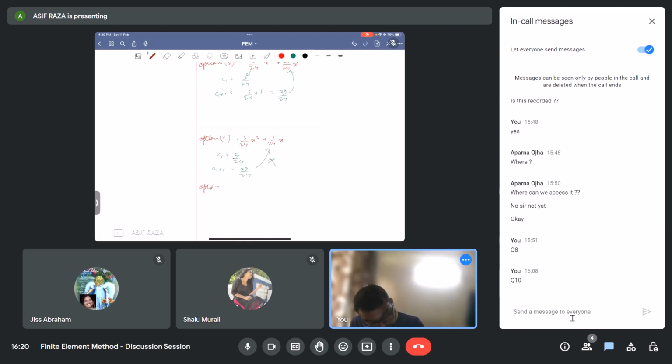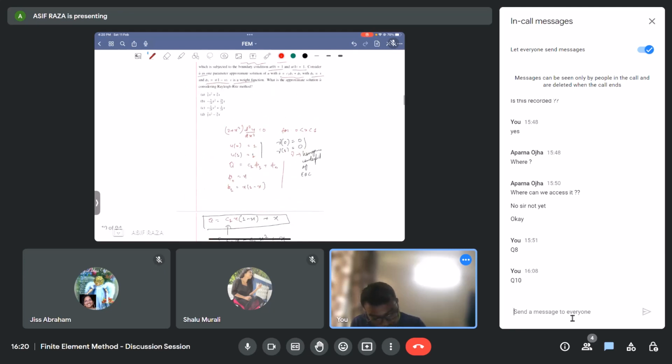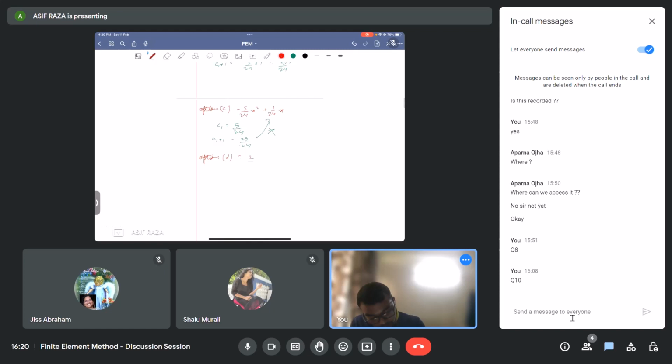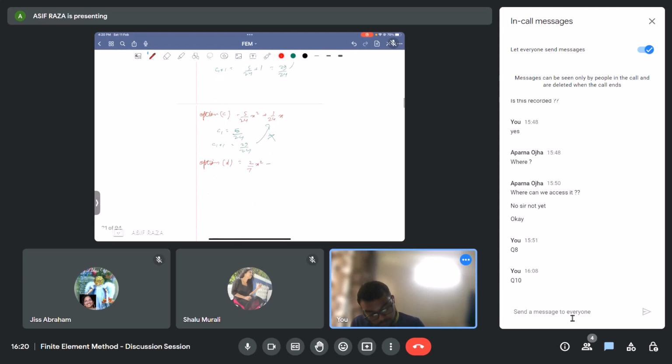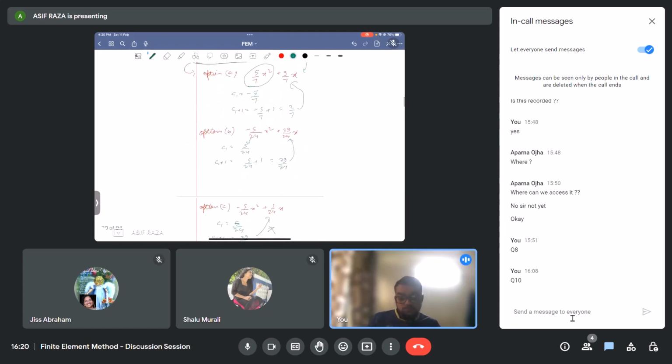Option D is 2 by 7 x square minus 9 by 7x. C1 is minus 2 by 7. C1 plus 1 is minus 2 by 7 plus 1, which is 5 by 7, which is not the case. So we can directly see from the options that option B would be my answer.